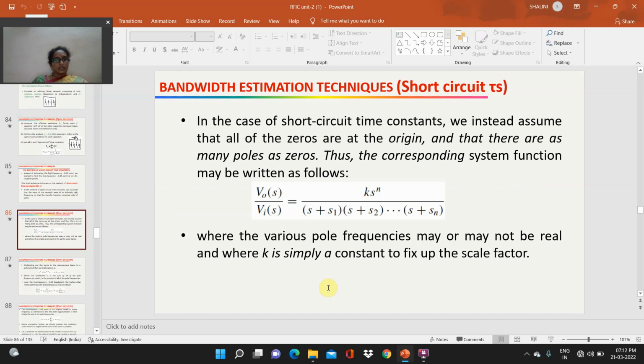Thus, the corresponding system function may be written as V naught of s by Vi of s is equal to K s^n by (s + s1)(s + s2) up to (s + sn), where the various pole frequencies may or may not be real, and where K is simply a constant to fix the scale factor.